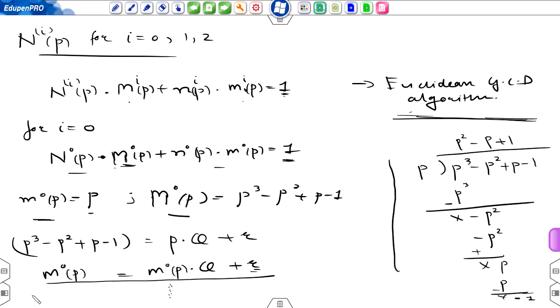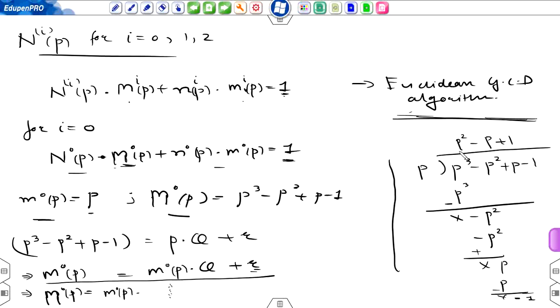Okay, so I can write M0p, this p as, this is capital M0p and this is small m0p.